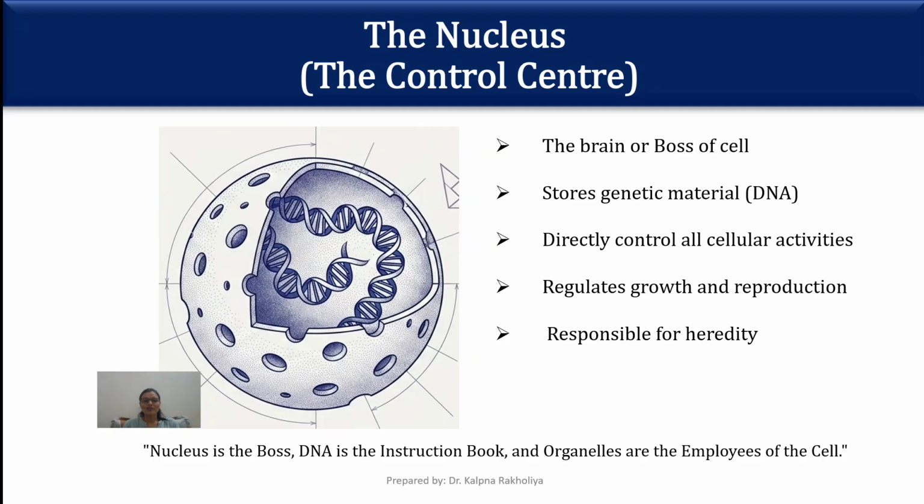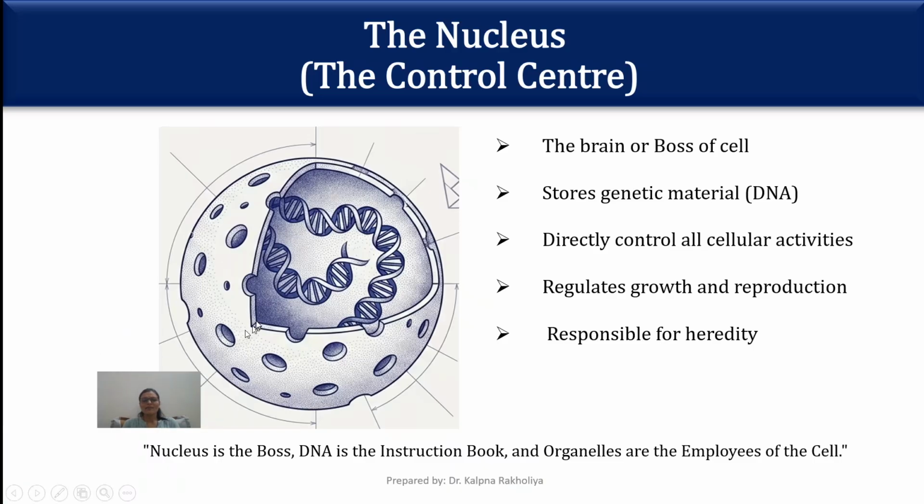In simple language, we can say that the nucleus is the boss, DNA is the instruction book, and organelles are the employees of the cell. The nucleus decides what we have to do and how we can do it, and the DNA provides the instruction book. According to that, all organelles do their jobs.